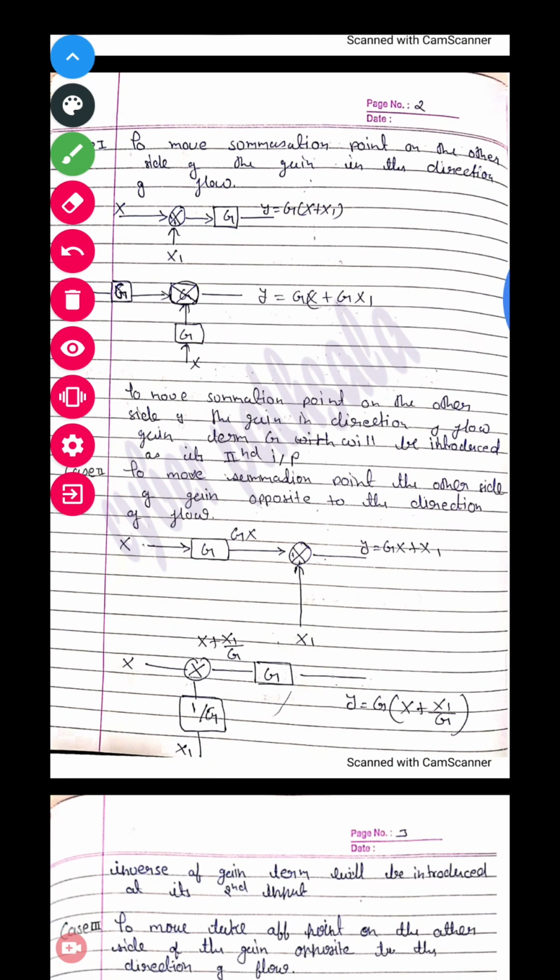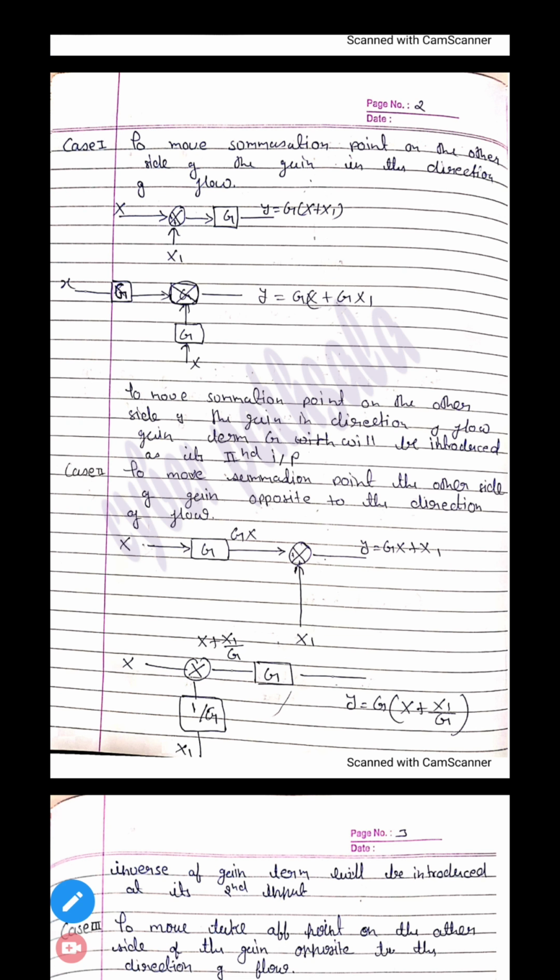So here are some basics of how to reduce a block diagram. In case 1, to move the summation point on the other side of the gain in the direction of flow. As you can see, that is the direction of flow. So if you want to move a gain before the summer, you have a g multiplying with x1 plus x.